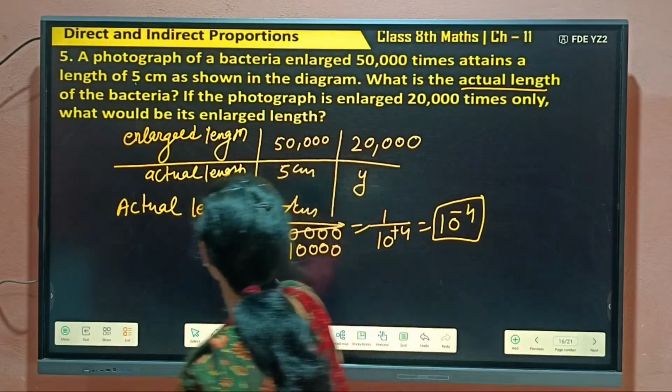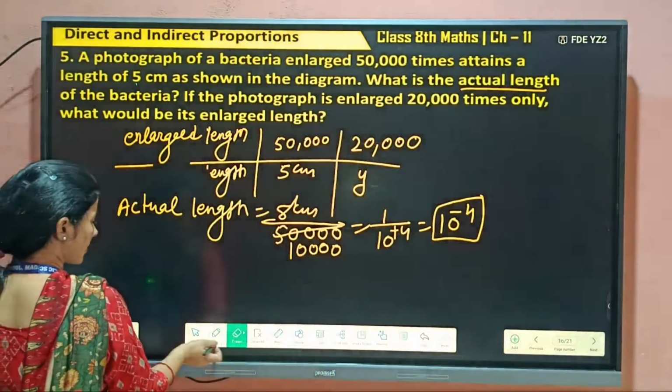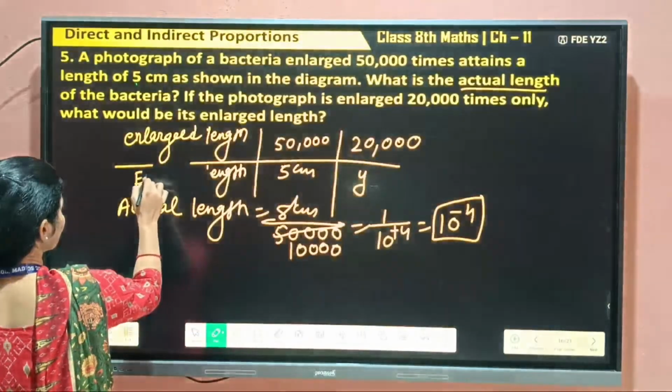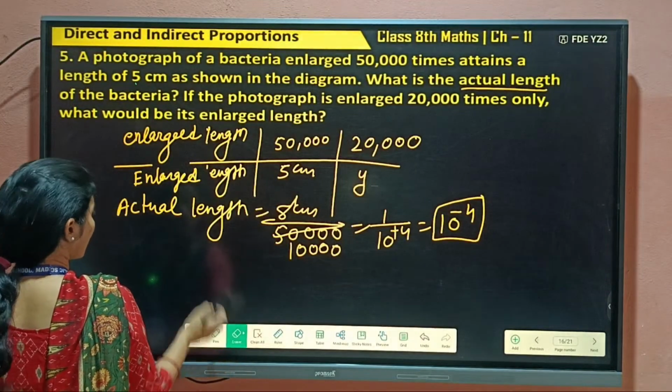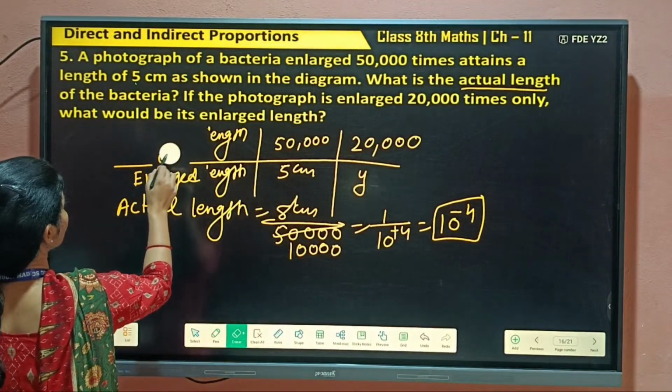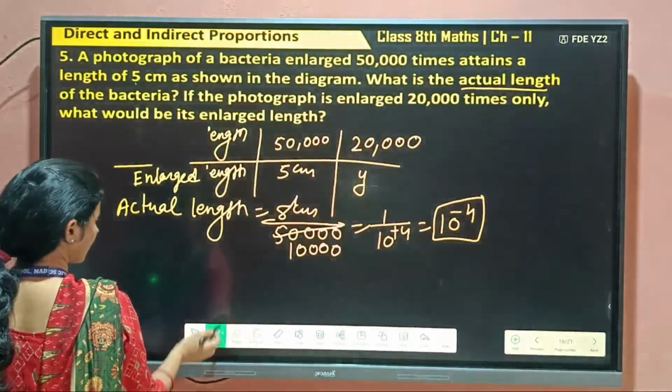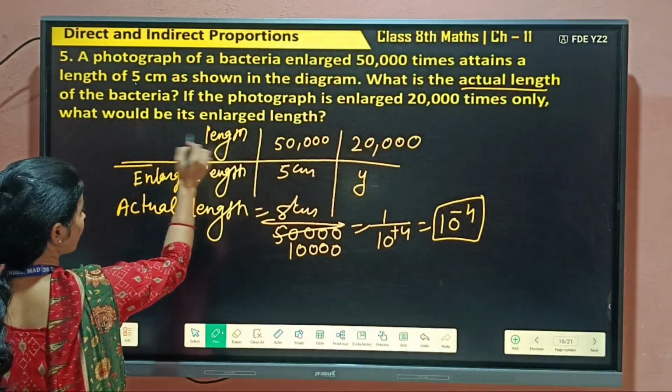You can write this is enlarged length, and this is increased length.